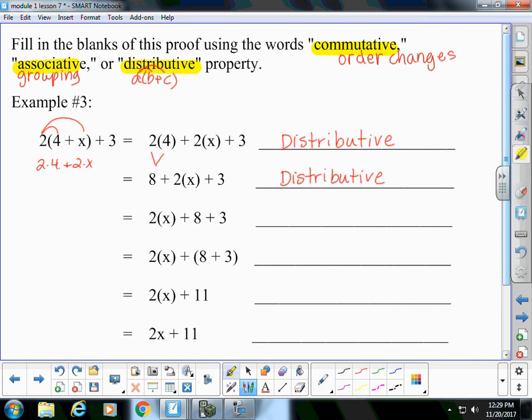Okay, so now, right here, the order changes. So that would be our commutative property is happening. And technically it's the commutative property of addition since it's adding 2x and 8. Okay, next, if you'll notice, they added parentheses around the 8 and the 3. So that's grouping.